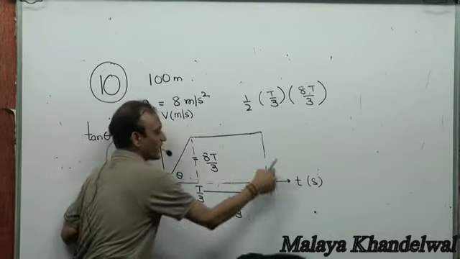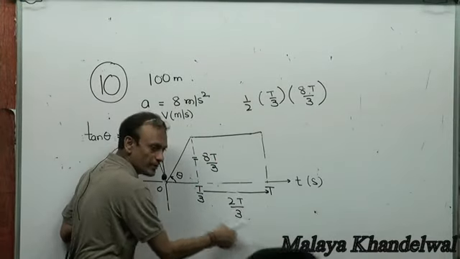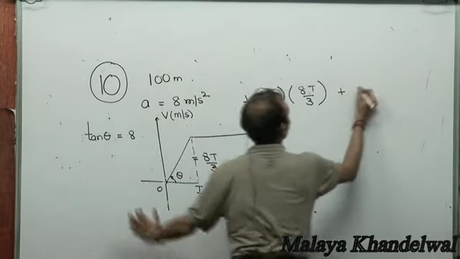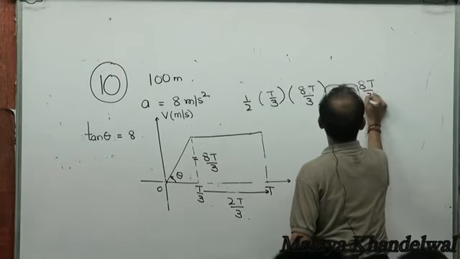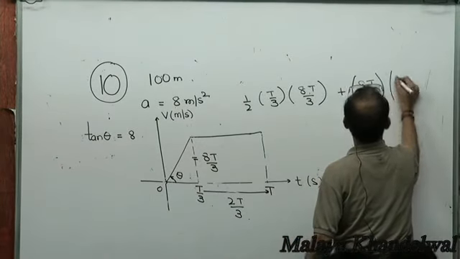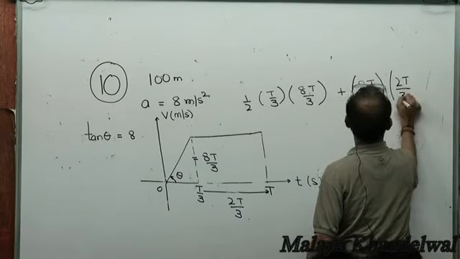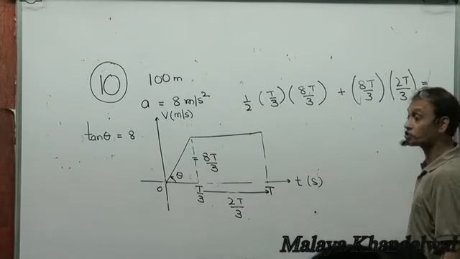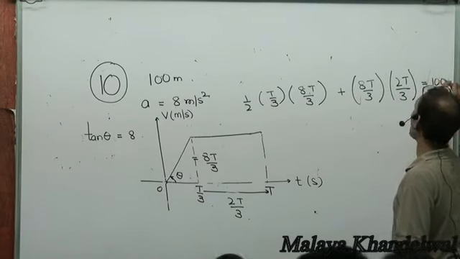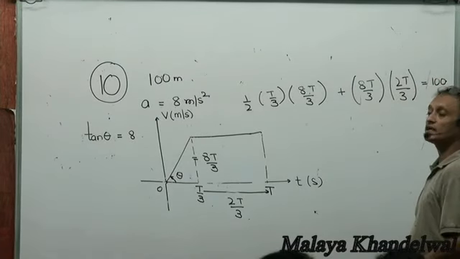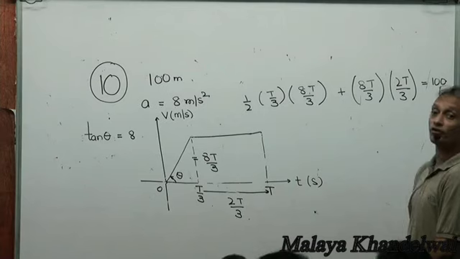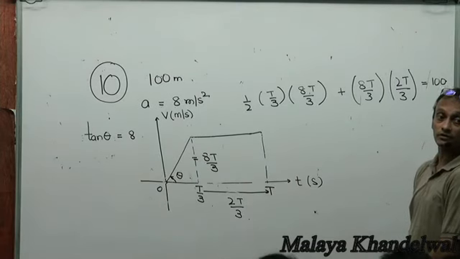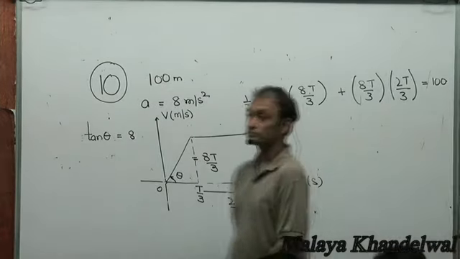So area of this rectangle is 8T by 3 into 2T by 3. And this must be the total displacement, area under the velocity time graph, which is given to be 100 meters. Yes or no? You can solve for T.